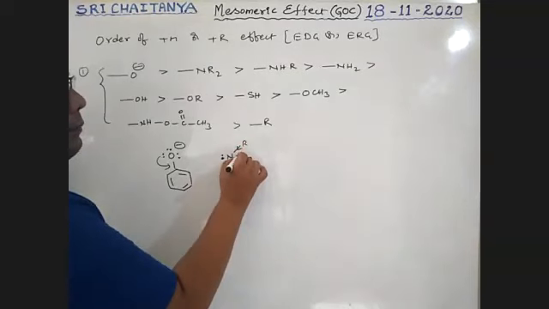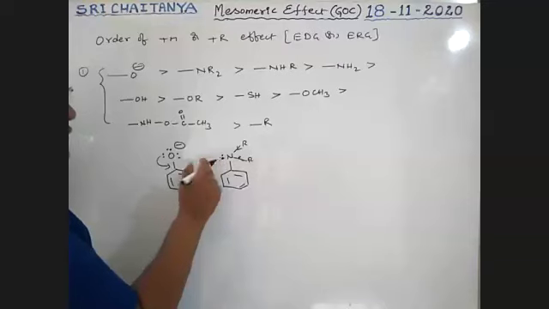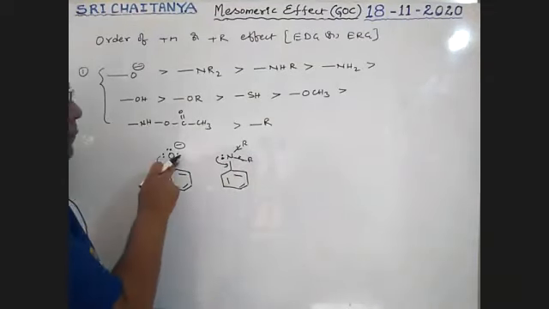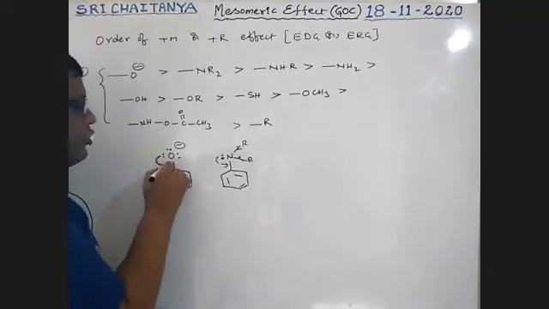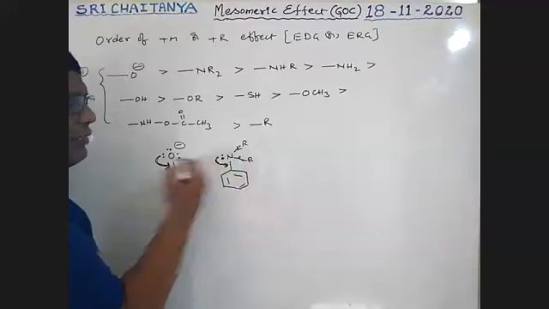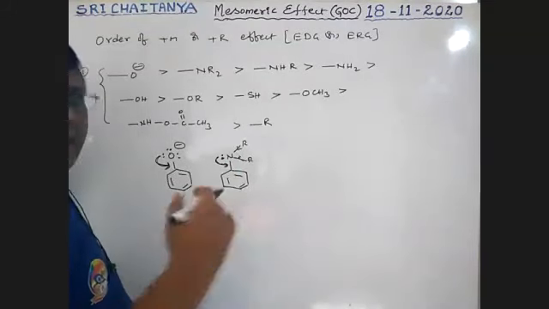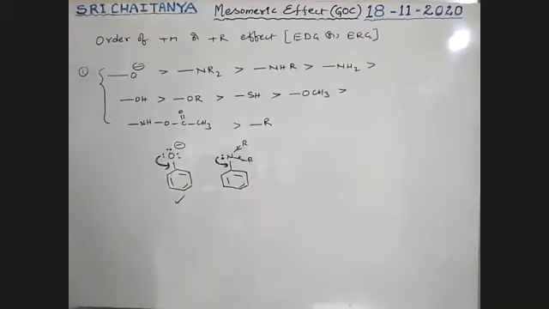Alkyl groups have a plus I effect, so the electron density on nitrogen increases and it is automatically repelled. That gives electron density, but compared to O minus these repulsions are less. Therefore, it donates the electron pair more slowly than this one, so this has more plus M and it has less plus M. Like this, we can compare each and everything.